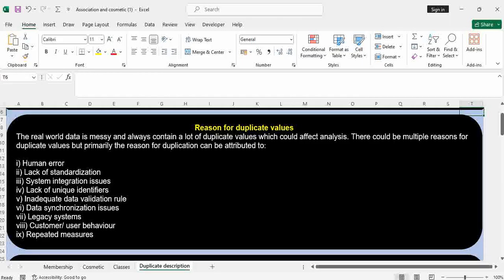Customer or user behavior that we have already mentioned, for example, having more than one transaction, which is still okay and doesn't mean duplication. But what if you want customers to be logging into a system, and a customer creates an account more than once? The same customer creates an account every time they get to your system.